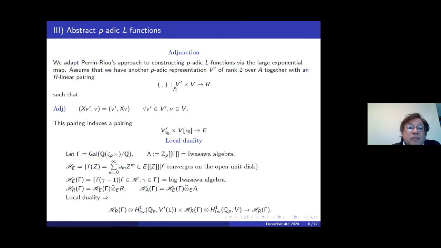However, we assume that this pairing satisfies the following adjunction property. So for any v prime in V prime and v in capital V, if we act by X, I recall that X is the generator of A over R, a local parameter corresponding to a local parameter on X, we have the following formula.